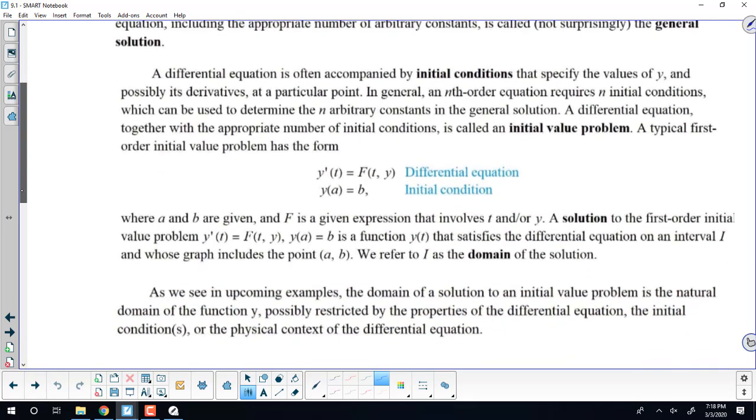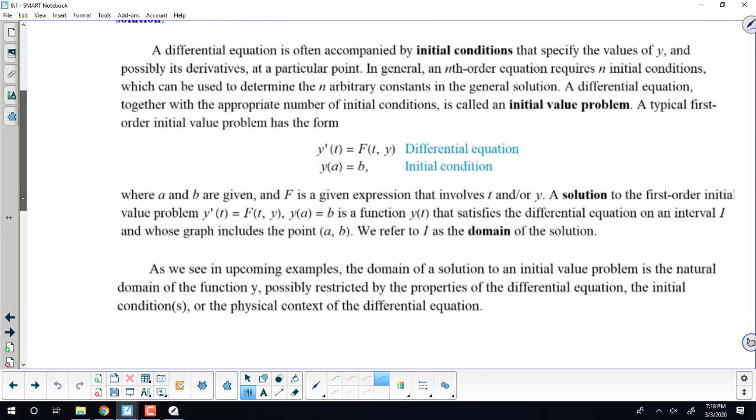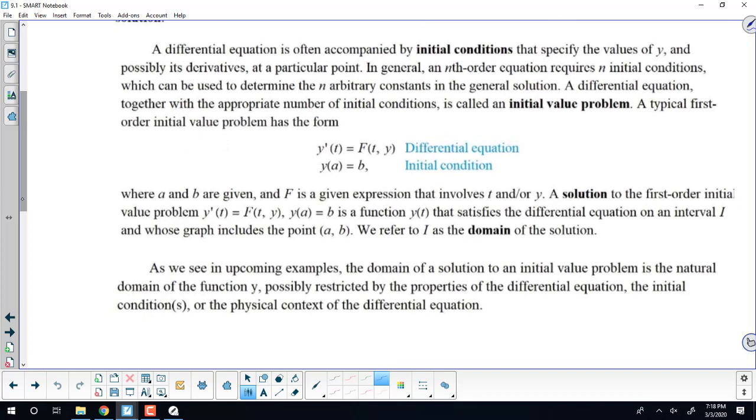So the main thing that we're solving here in 9.1 that we want to focus on for the exam are the initial value problems.